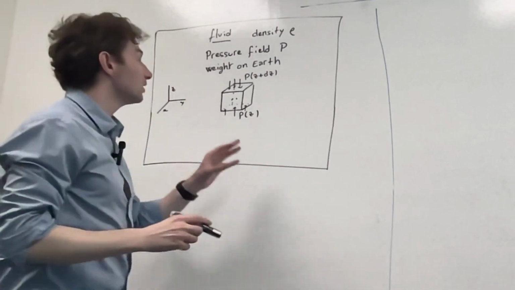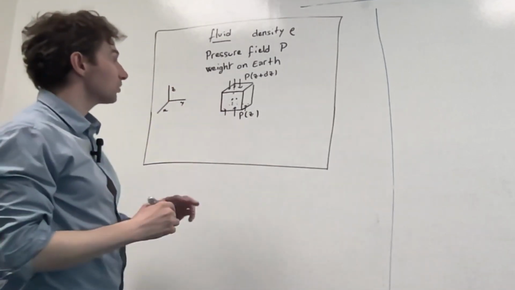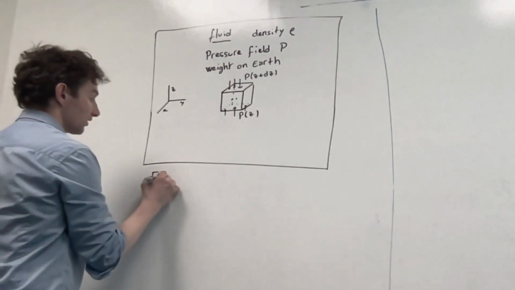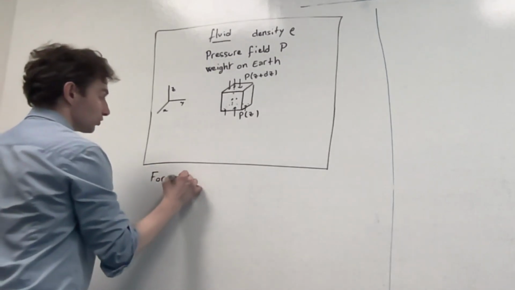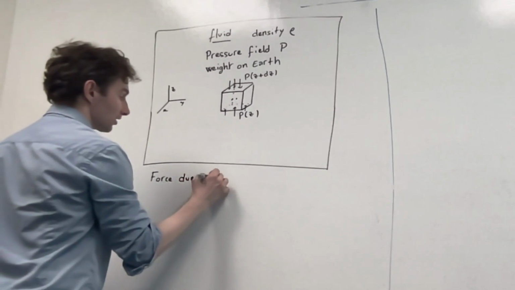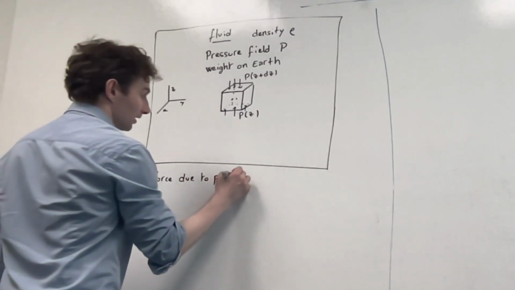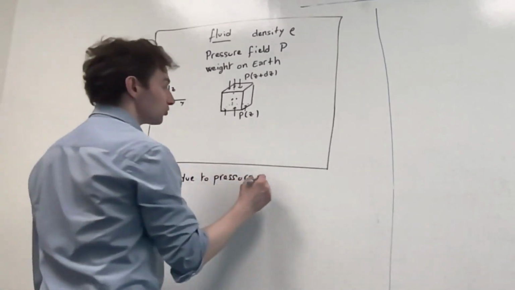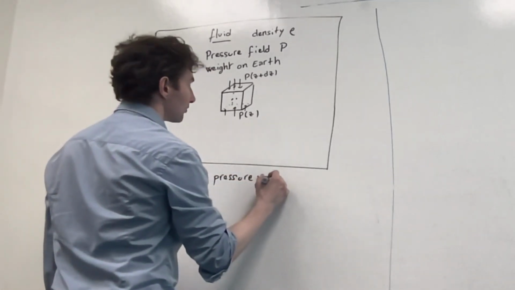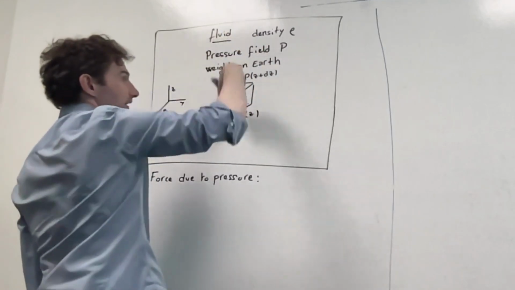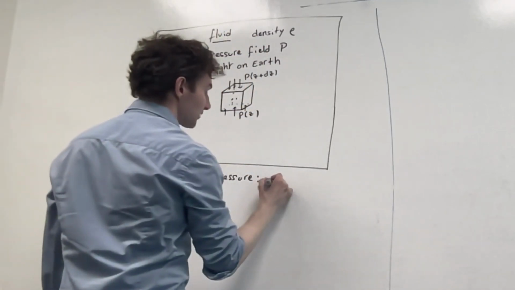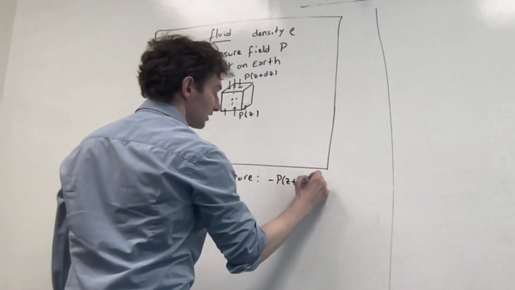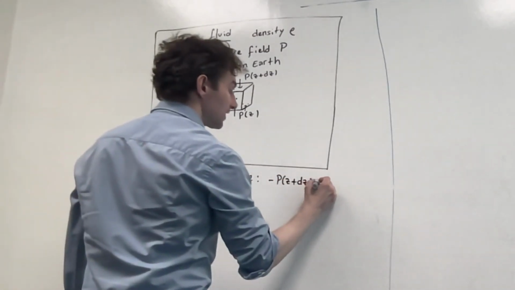Okay, so at the end of it, if you want to list out the forces, you get the force due to pressure, and that's simply going to be equal to, so this is going in that direction from the top, so that's minus P of Z plus dz, in the Z direction.